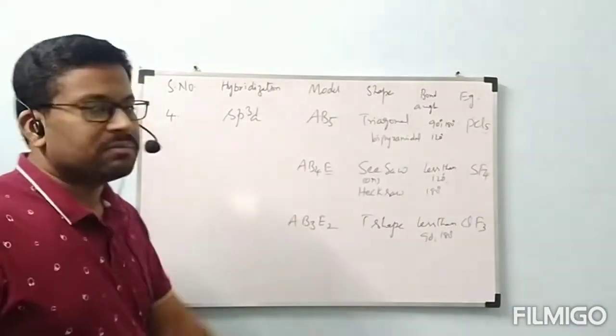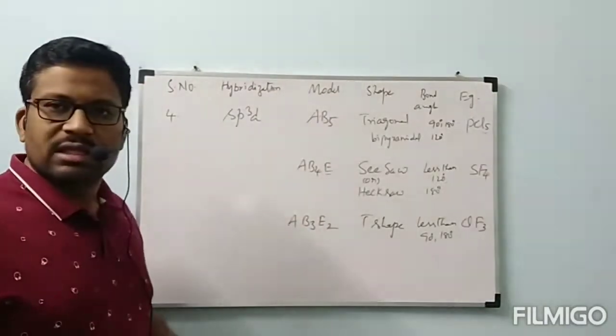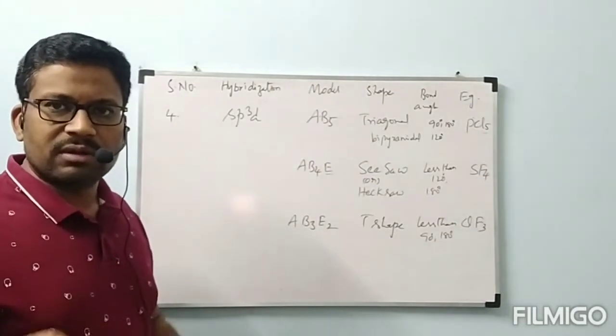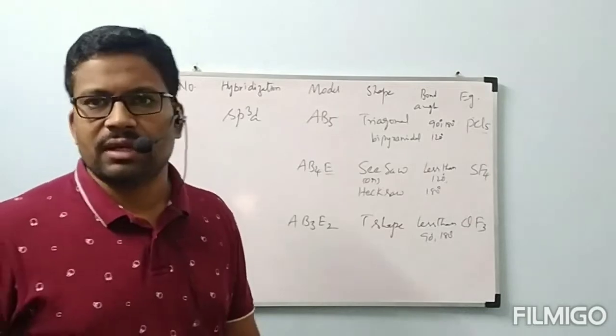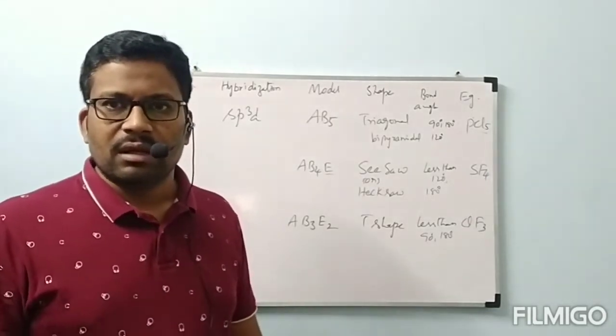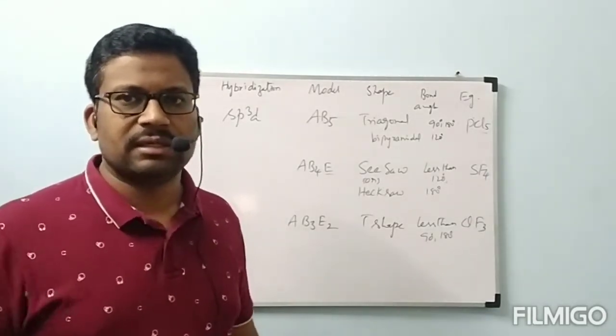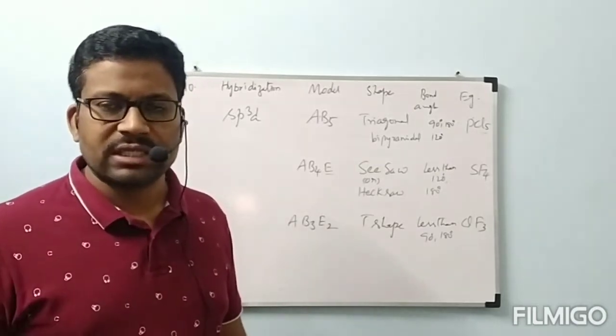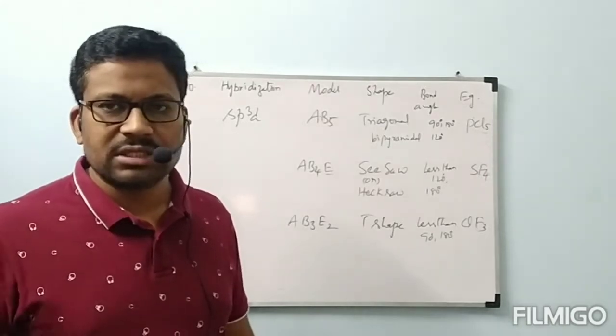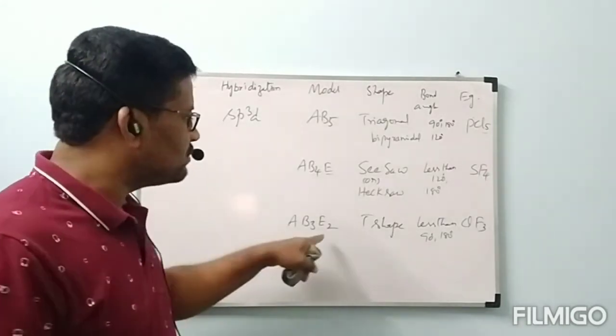This total table column, if you want to remember correctly, you want to practice definitely. There is no other option. And what are the hints present? According to those hints, we have to remember. Hybridization 4, H is equal to 4, sp3, H is equal to 5, and how to find these lone pairs.